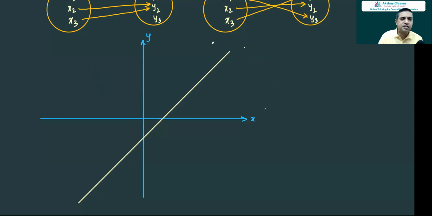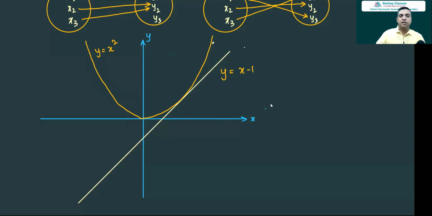Yeah, let's say I draw a parabola. Okay, this is like y equal to x square, and this may be y is equal to x minus 1 or so. So now let us consider these two graphs.